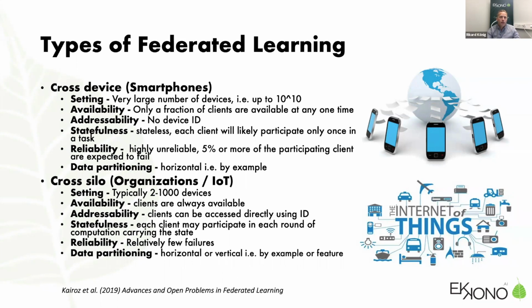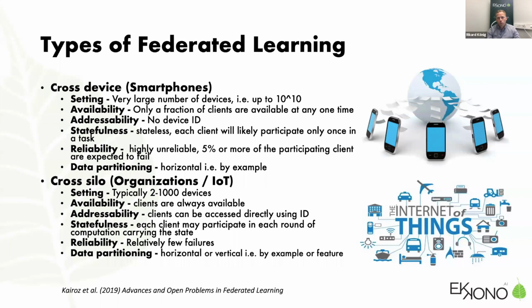However, this type of federated learning considers that you have a very large number of devices, like billions of devices. Only a fraction of these smartphones are available at any one time, because you don't want to drain your users' battery, so you can only train these models when they are charging.